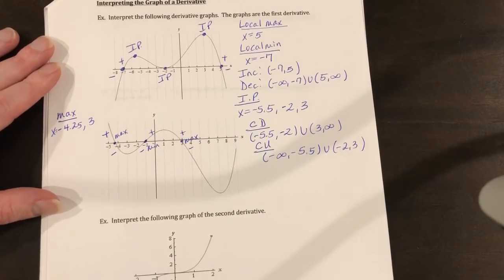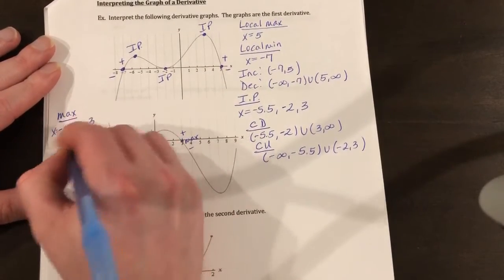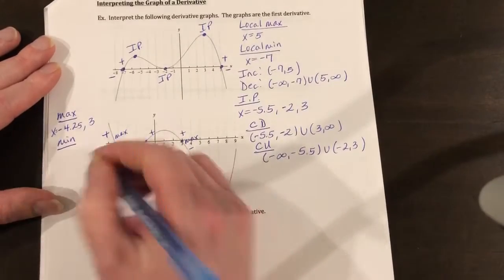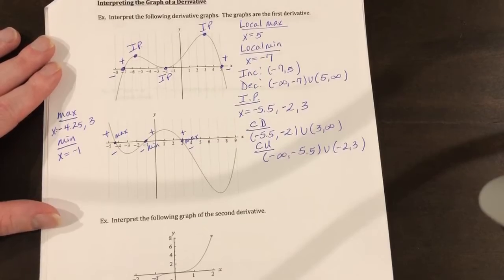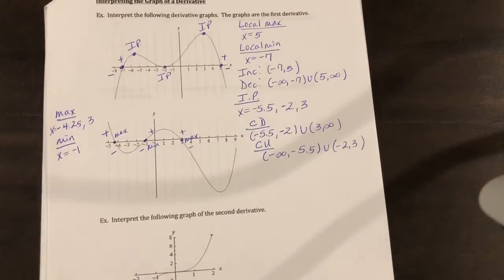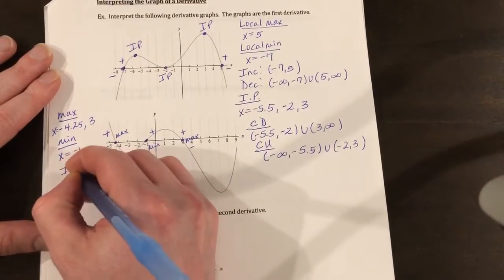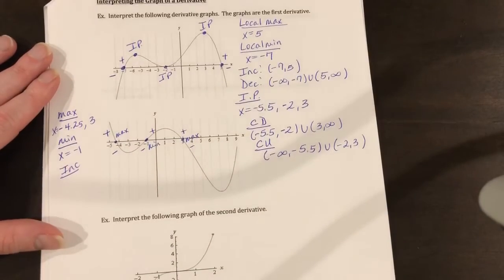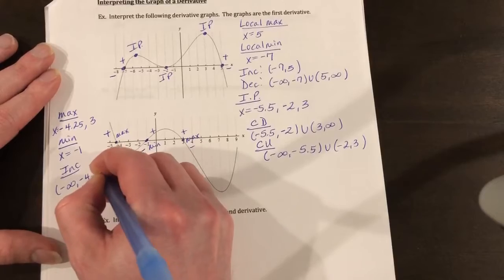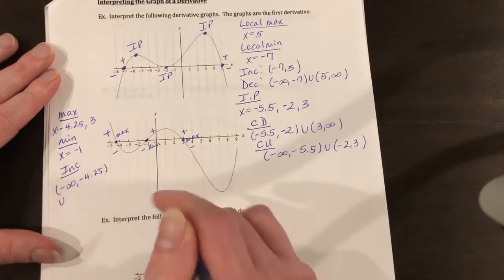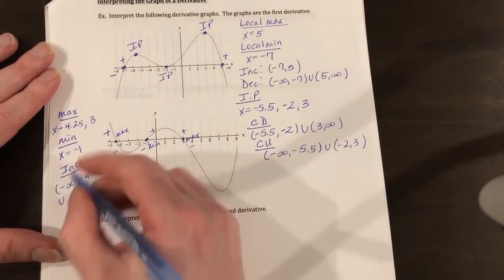Okay, I have a min at negative 1. Okay, now I know I have positive y values going to be increasing the original function. So it's going to be increasing from negative infinity to negative 4.25 in union with negative 1 to 3.